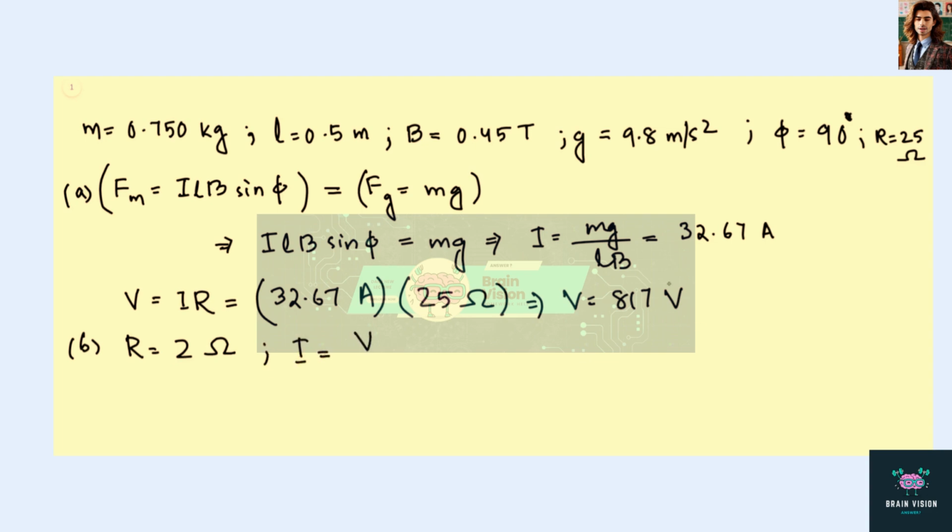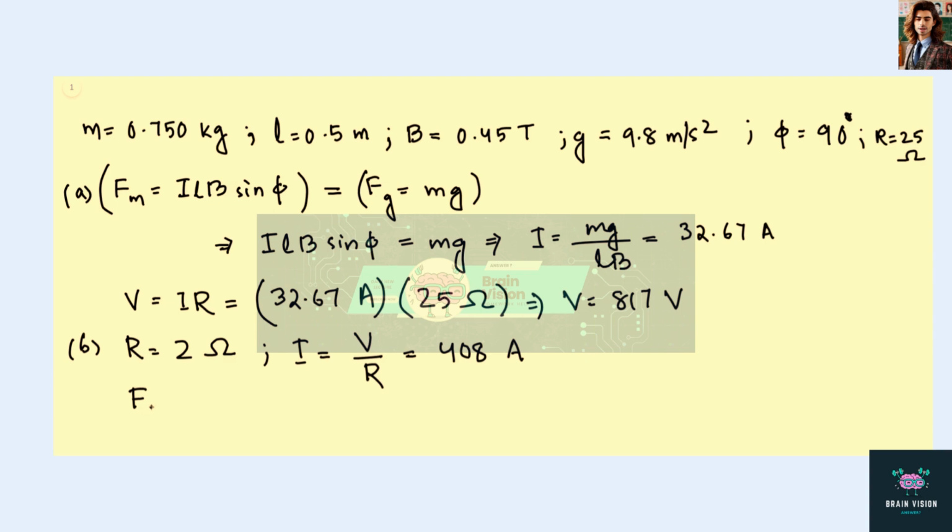Here the current will then be equal to the voltage, which is the value that we calculated, over the new resistance, that is 2 ohms now, and we get the new current to be 408 amperes.